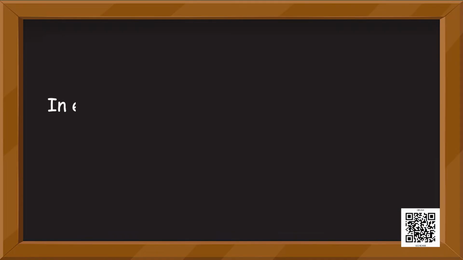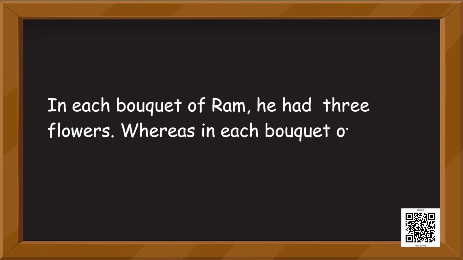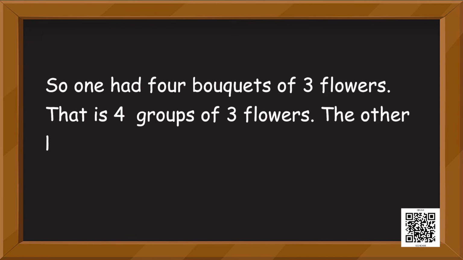How is that possible? Well, in each bouquet of Ram, he had 3 flowers, whereas in each bouquet of Gopal, he had 4 flowers. So one had 4 bouquets of 3 flowers, that is 4 groups of 3 flowers. The other had 3 groups of 4 flowers.